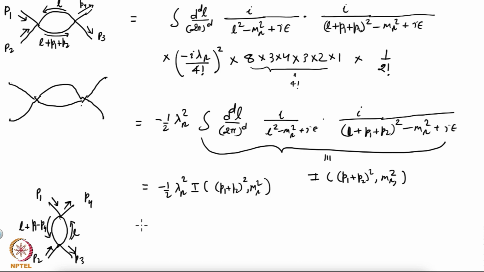That's what you have. So if you write the expression for this, all the factors will be the same, all the propagators will be the same except for the difference coming here. So instead of L plus P1 plus P2, you will have L plus P1 minus P4 square, right? This one will still remain L square minus m_r square. So you get exactly the same thing.